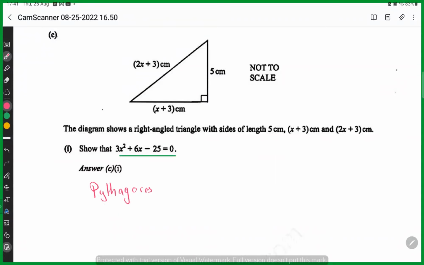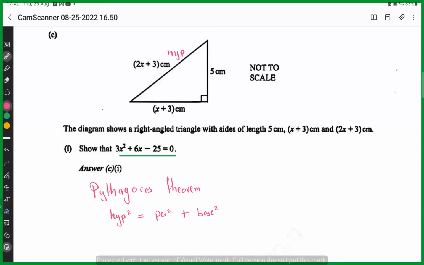So this was the theorem, and using this, I know that the square of the hypotenuse side is basically equal to the sum of the squares of the other two sides. Now, this is my hypotenuse side. I don't have a base or perpendicular side because I don't have any theta, but that is fine.